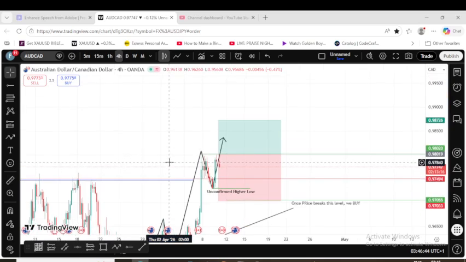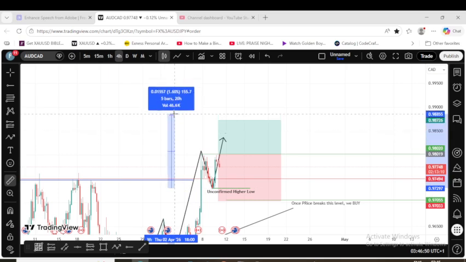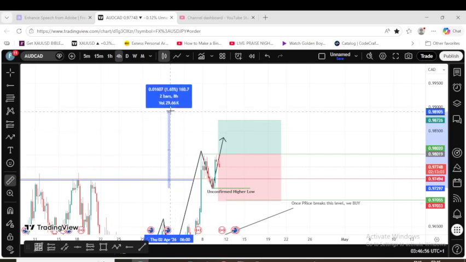So that means that I should be able to expect at least half of that. So half of 264 is 132. So let's take it somewhere like this.